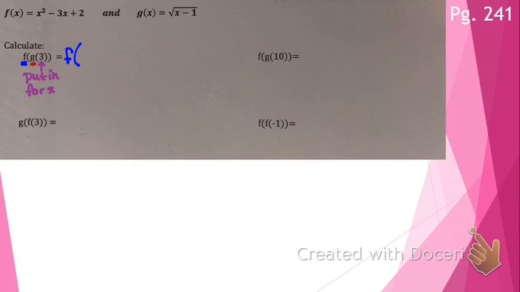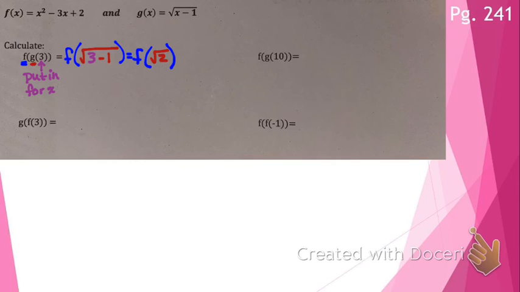So in my function g, which is the square root of x minus 1, I'm going to put 3 in the place of the x there. So far, so good? Okay. What's 3 minus 1? 2. So I have square root of 2 right here.